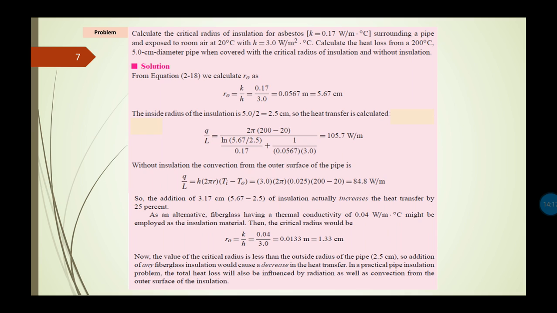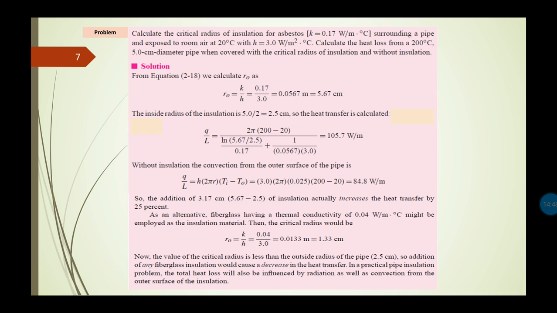So what you have seen is that the notation for the critical radius may vary from RC or RO. The critical radius is K by H. The values of K and H are given in the question. So RO equals 5.67 centimeter, this is the outer radius. Now the inside radius of the insulation is 2.5 centimeter.